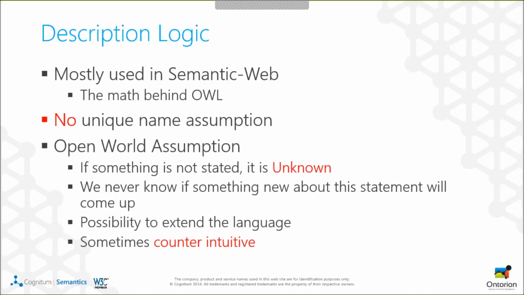Okay, then afterwards I will go into a bit more detail on the possible restrictions that you have on this logic in order to make reasoning faster and things like this. But right now, I wanted just to give you an idea of what is underneath the technology that I am showing you today.